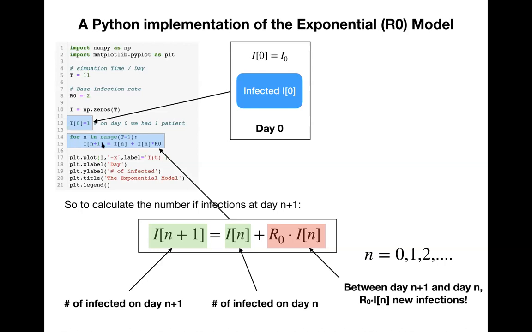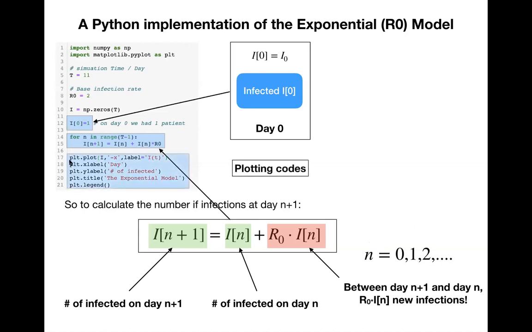So the key here is the recursive relation. That's exactly what this equation is, right? The next day, n plus 1, equals the previous day plus R0, the new patients, times I(n). So n starts from 0, 1, 2, all the way to T minus 2, right?